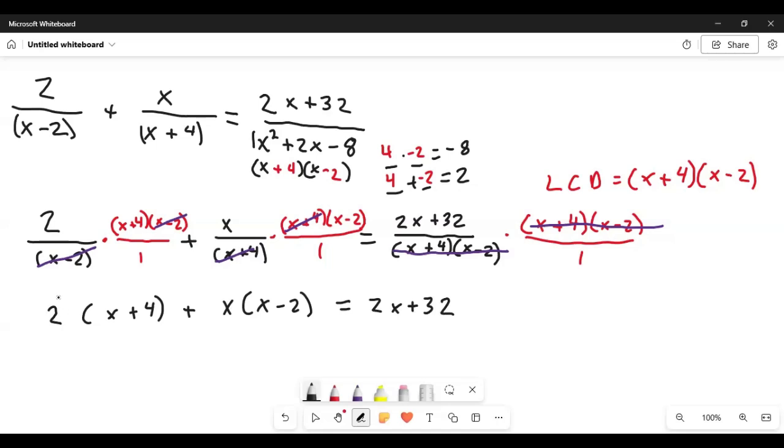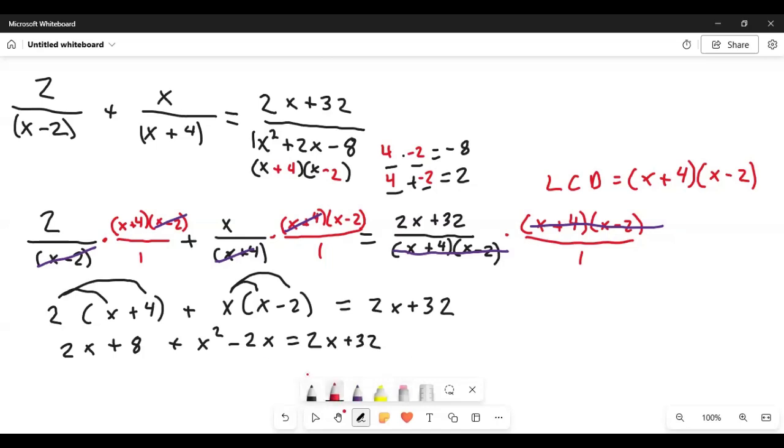Now let's distribute to get 2x plus 8 plus x squared minus 2x equals 2x plus 32.